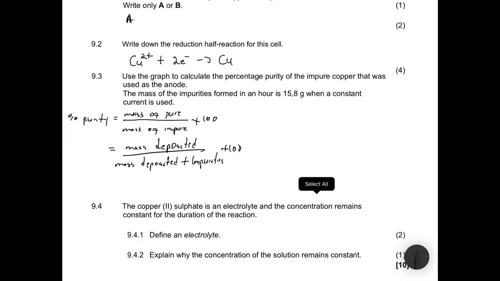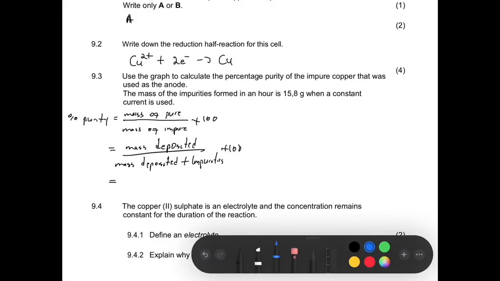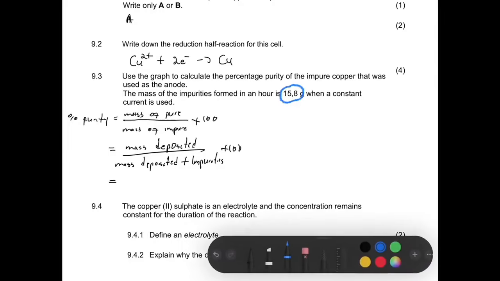But then the mass of the impure sample as a whole will be the mass of the impurities plus the mass of the deposited. We are told that the mass of the impurities formed in an hour is 15.8 grams, right?